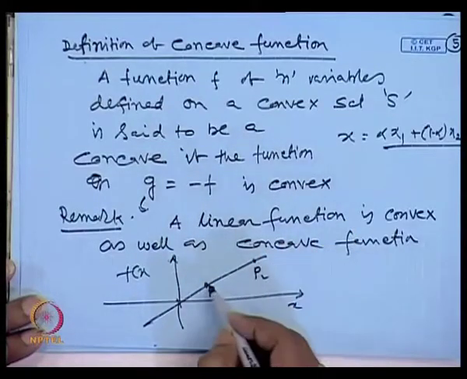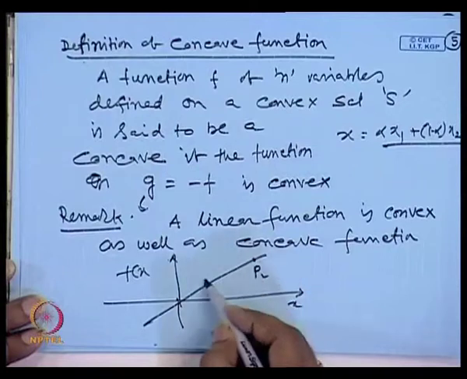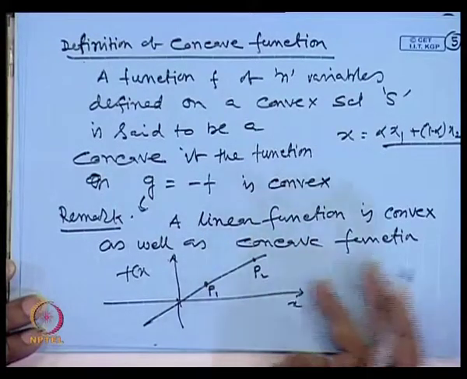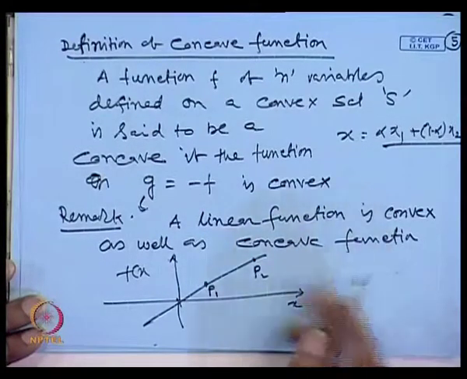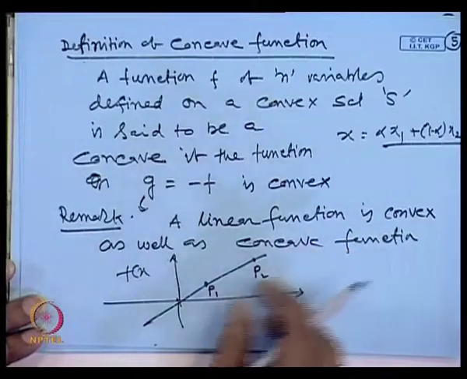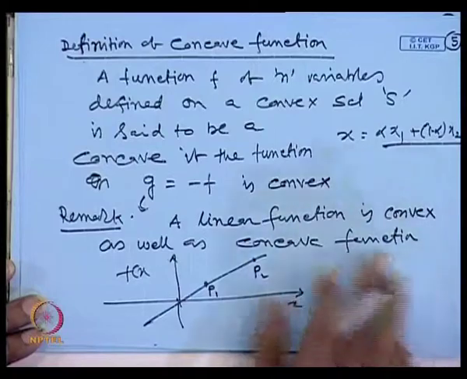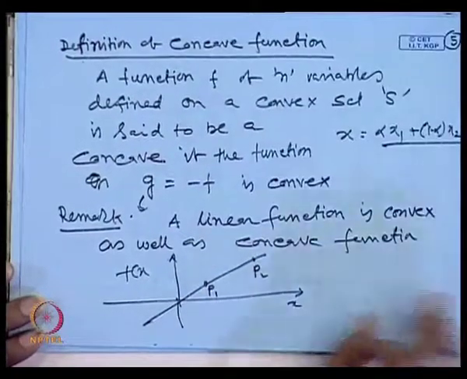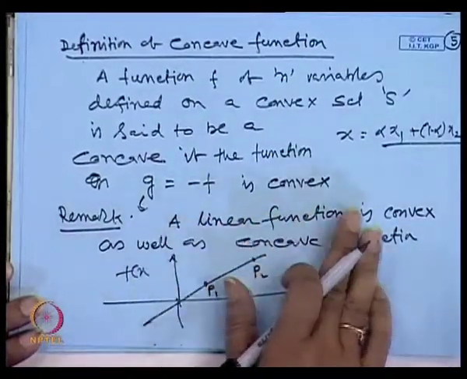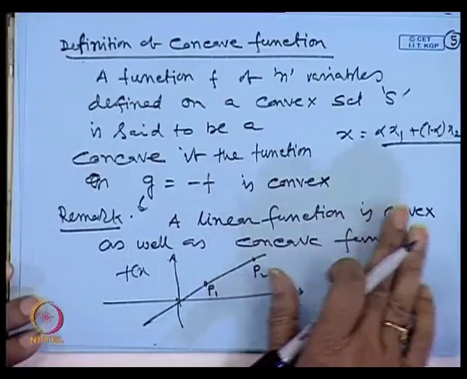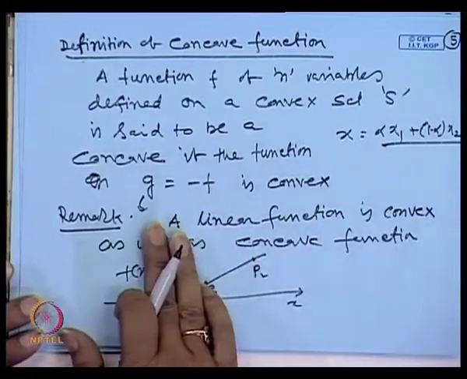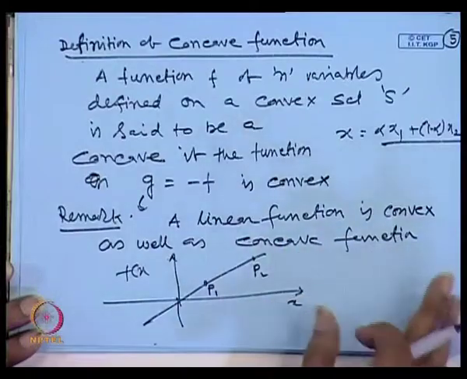So, naturally it may be a convex as well as concave function, because the equality sign is valid in both cases. So, just remember a linear function can be a convex function or concave function, both.